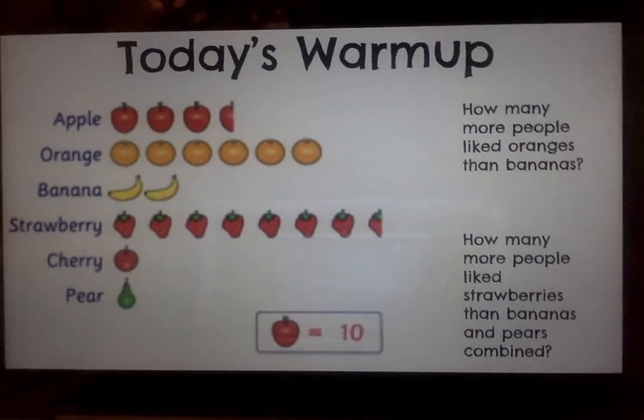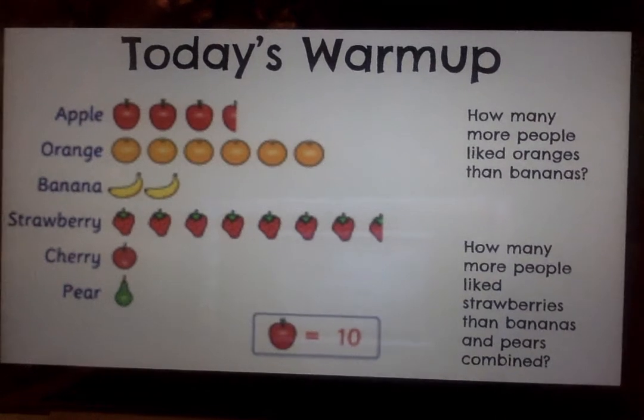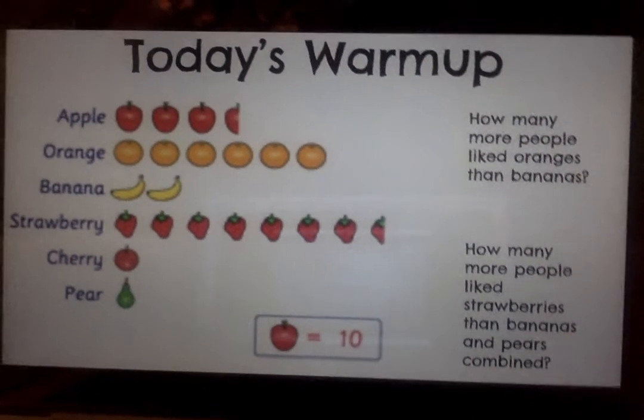Make sure you are writing out the amount of fruit for each fruit. So for apples, how many? Oranges, how many?